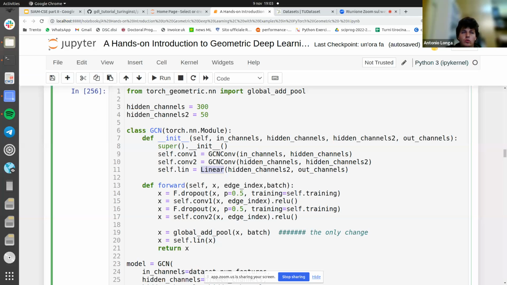So when you tune your parameters, you also consider more layers and fewer layers. Knowing that, it's worth mentioning that increasing the number of layers too much means that you are collecting too much information from too distant nodes.